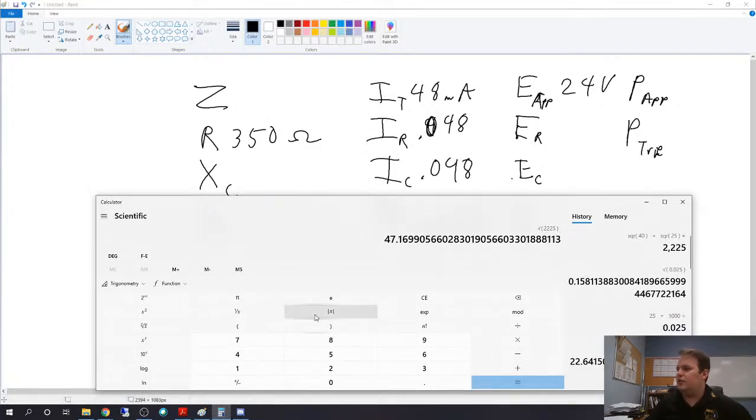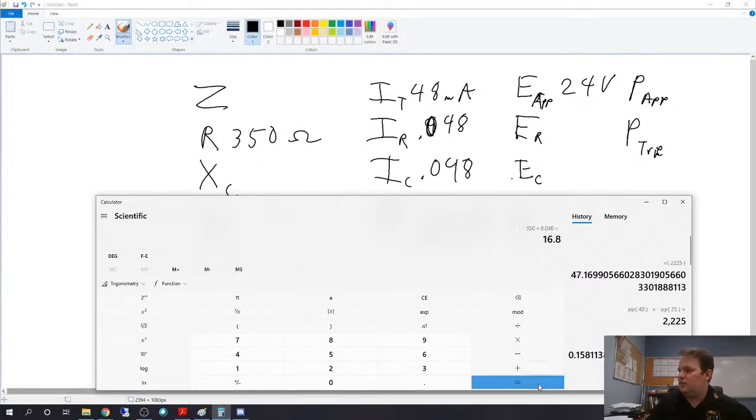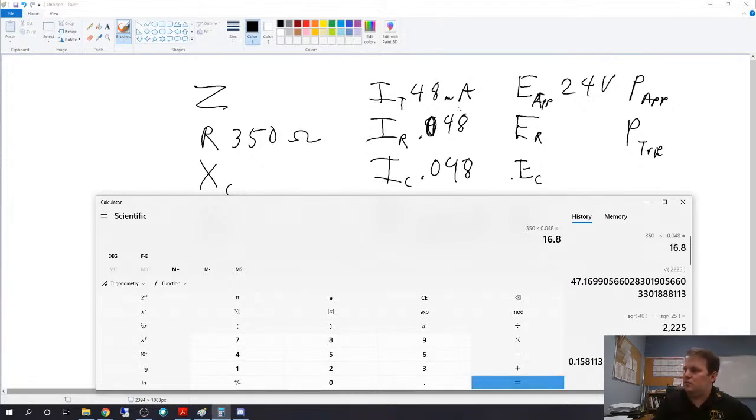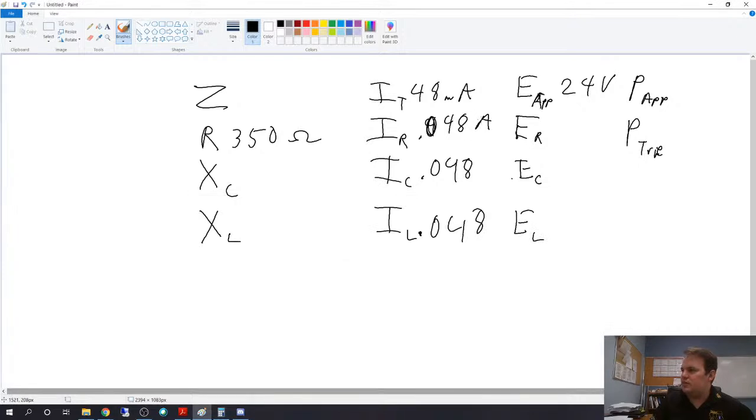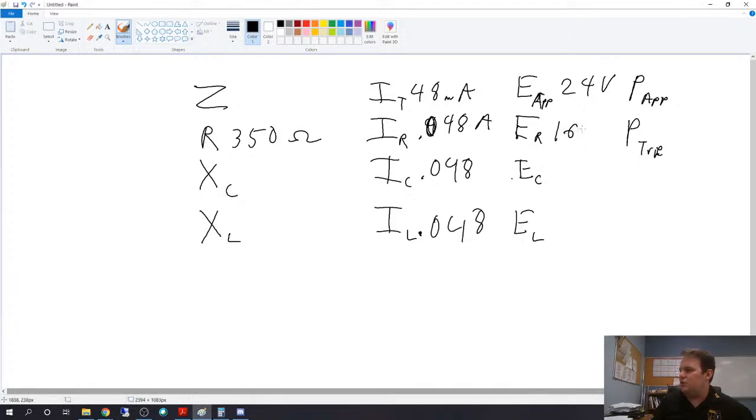350 times 0.048 amps. That's amps. Somebody rewind and tell me what it was. 16.8. So now we know there was 16.8 volts here.